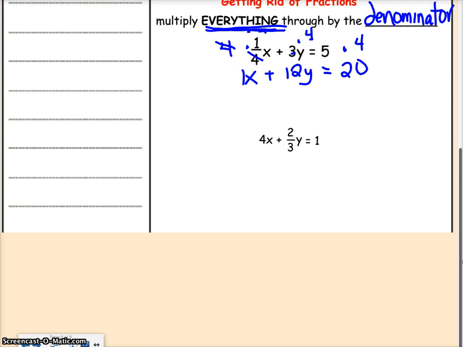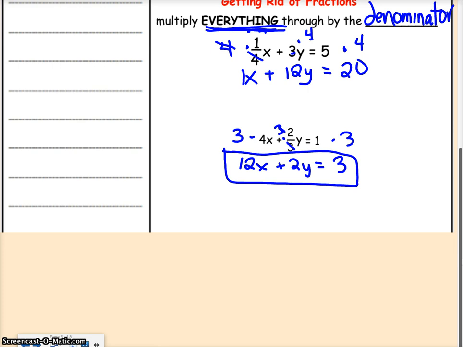So to get rid of it, I'm going to times everything by 3. Three times 4 is 12x. Those cancel out. Don't turn it to 6. That's a common mistake. They just cancel out. Plus 2y equals 3. And I'm done.